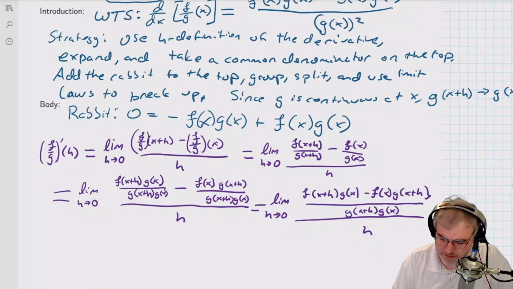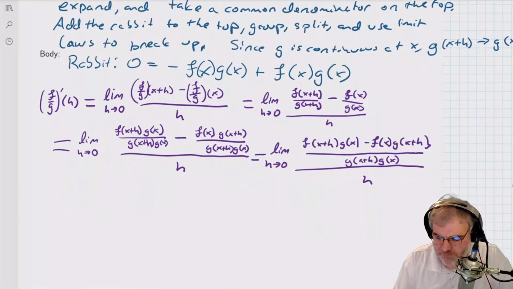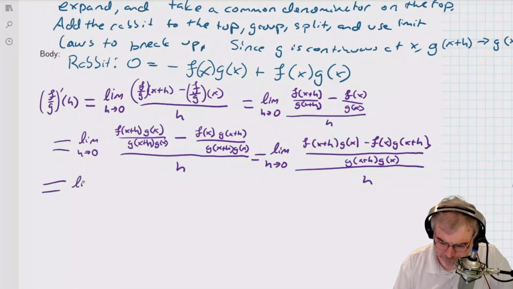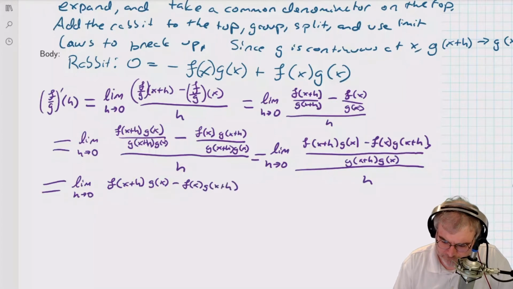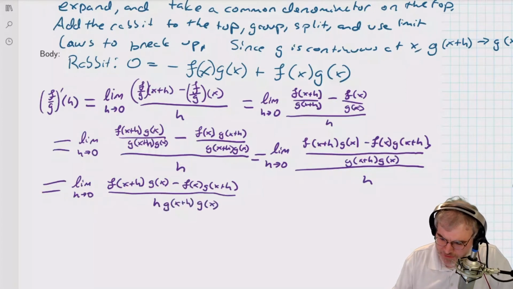I could have gone from there to there because I said I was going to be taking a common denominator. And that's where that g squared is going to come from.